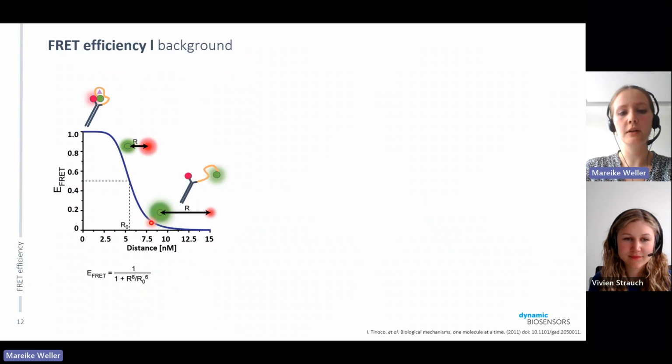If the two dyes, the donor and acceptor, are very far apart, the transfer efficiency is 0. If they're very close, the transfer efficiency is very high. But the very interesting part is that in a very small distance range, the efficiency has a very big slope. So we are very sensitive in the range from 2 to 7 nanometers here.